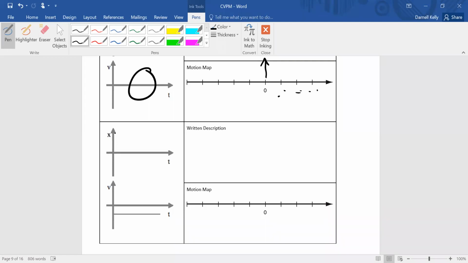I will give this to you for now, and then we'll have practice in the near future for sure. It would be a line like this, because we have to draw a line that has a negative slope in order to have this negative velocity. Does that make sense?